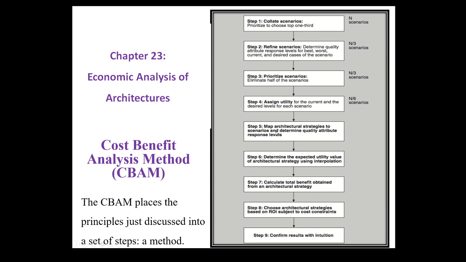Fifth step is map architectural strategies. Sixth is determine the expected quality. Seventh step is calculate total benefit. Eighth step is choose architectural strategies. And ninth step is confirm results with intuition. We are going to learn all these steps one by one.